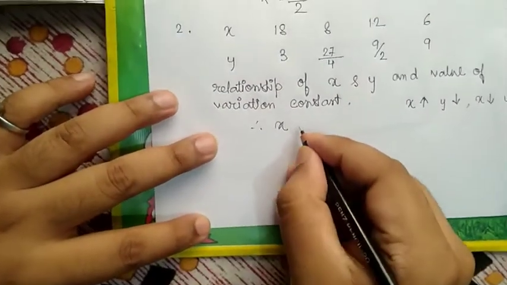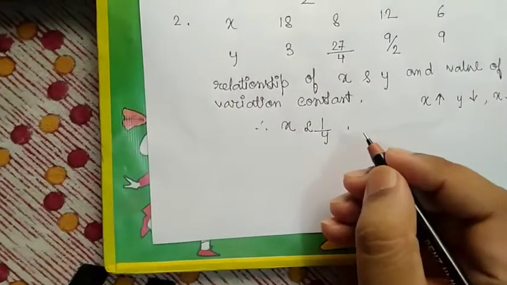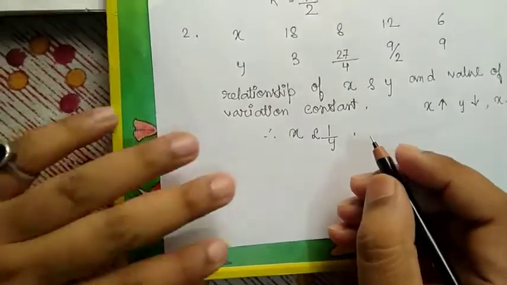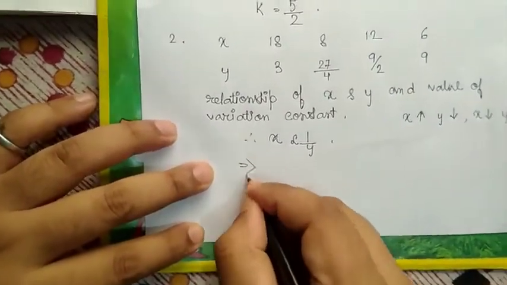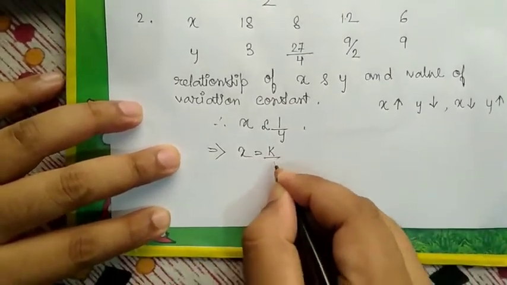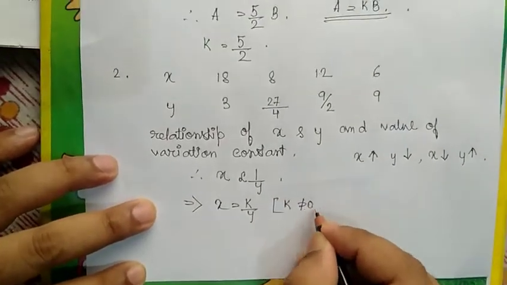Now here, therefore we can write x equal to k by y, k not equal to 0.